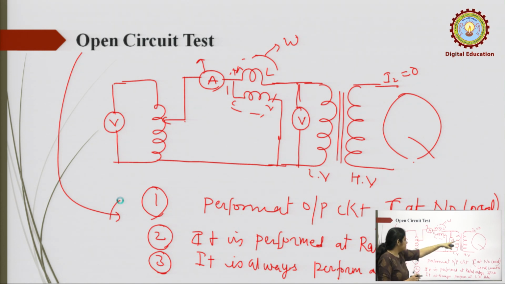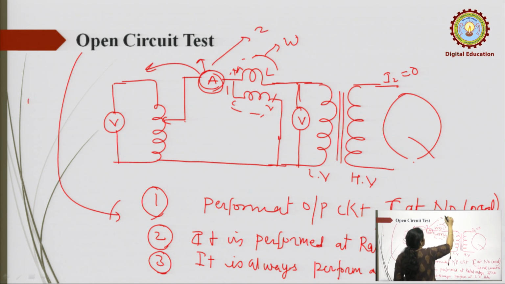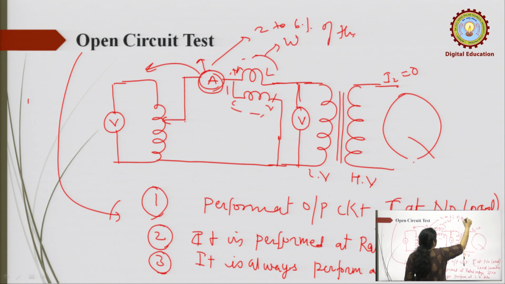Because it is performed at no load, the current is only the magnetizing current, and in a transformer the magnetizing current is always 2 to 6% of the rated current.